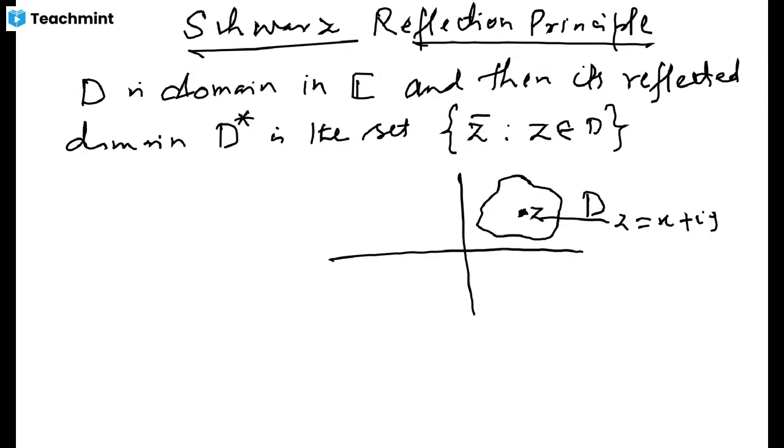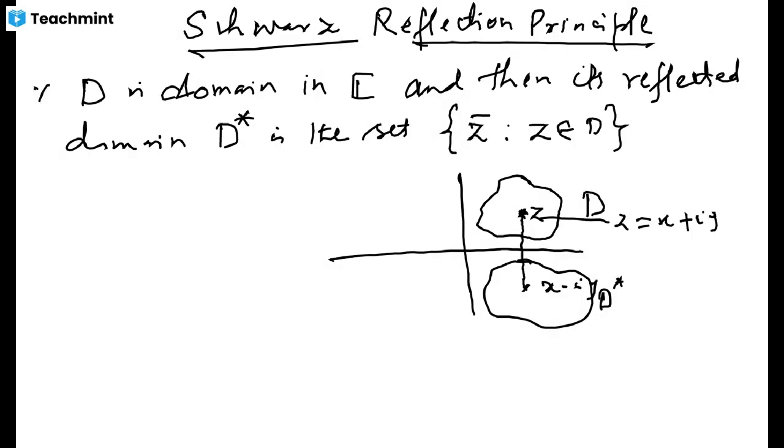That means it has to be its mirror image through the x-axis. It has to be x minus iy. That means its reflection is nothing but its mirror image through the real axis. So this has to be its reflected domain here. This will be the images.